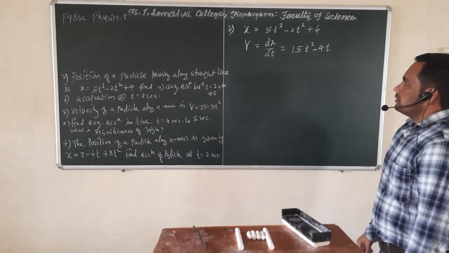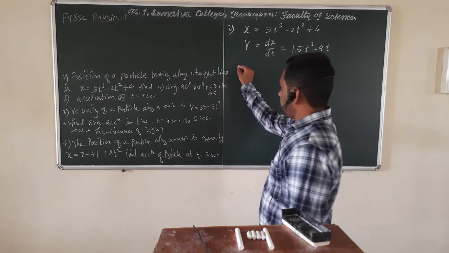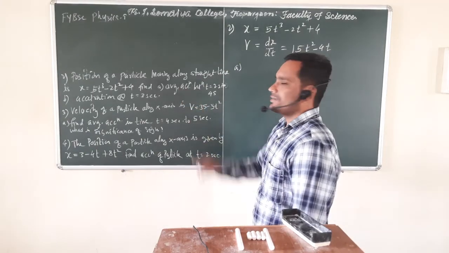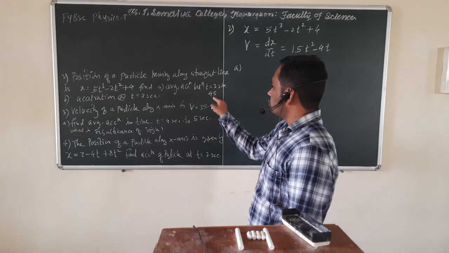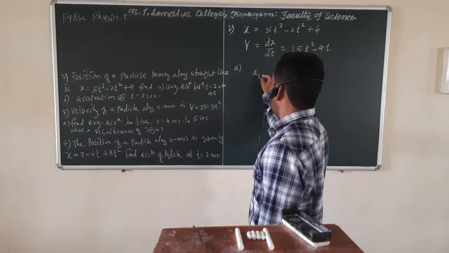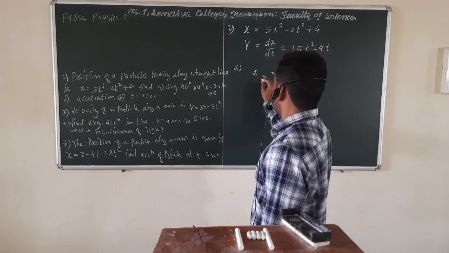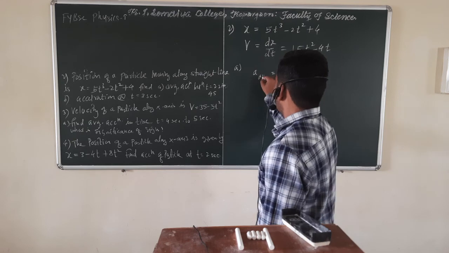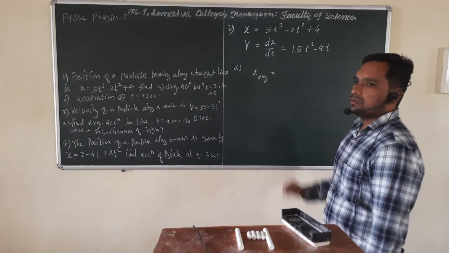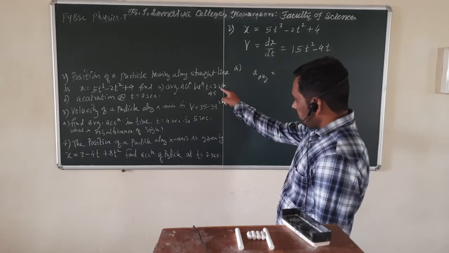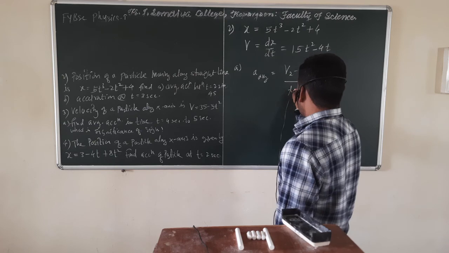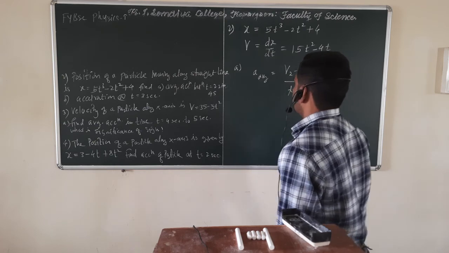Okay. Now in the first part, we have to find the average acceleration between these two times. Using the definition of average acceleration, a average is equal to, we know that, v2 minus v1 divided by t2 minus t1.